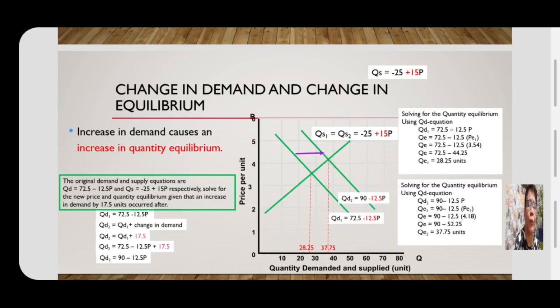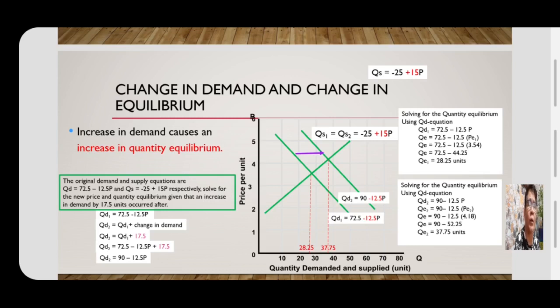Of course, we have to equate, or rather we use either the demand or the supply equation as our reference equation. So in this particular case, we use the demand equation, so that the original demand equation is stated by QD sub 1 equal to 72.5 minus 12.5P.